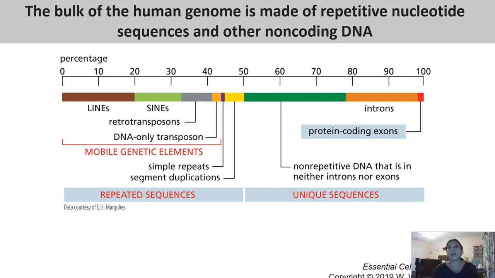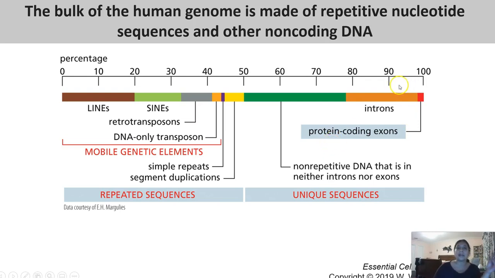So the bulk of your genome is made of these repetitive sequences, whether they are tiny ones or larger ones, and contains non-coding DNA. Only about 3 to 4% is protein coding exons.